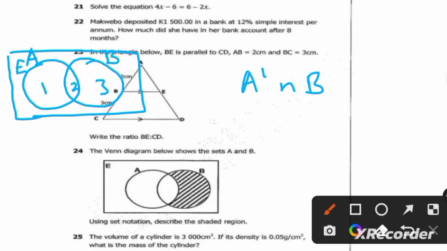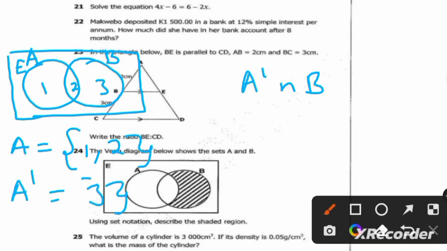Okay, so let us list members of set A. Members of set A, we are having 1 and 2. Members of set A complement, we are only having 3. So A complement, we are simply looking for a member or members that cannot be found in set A.